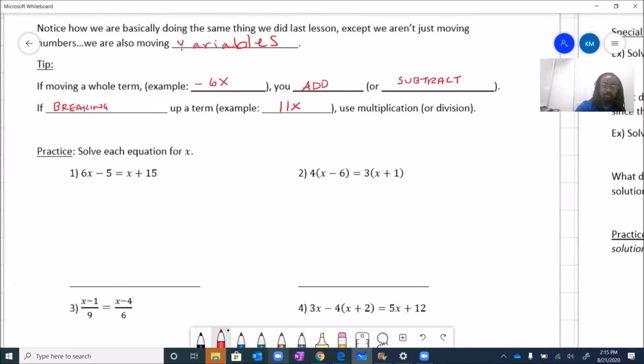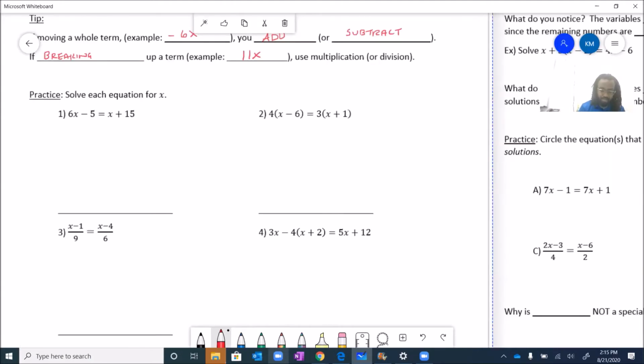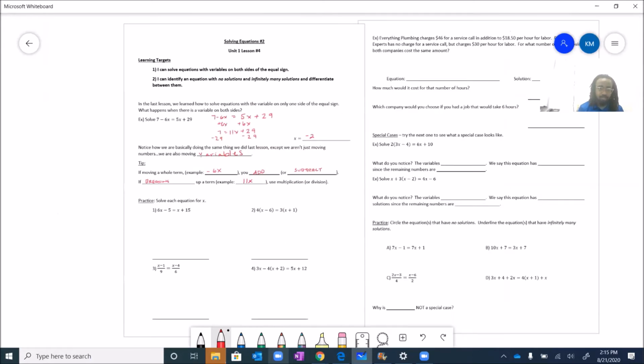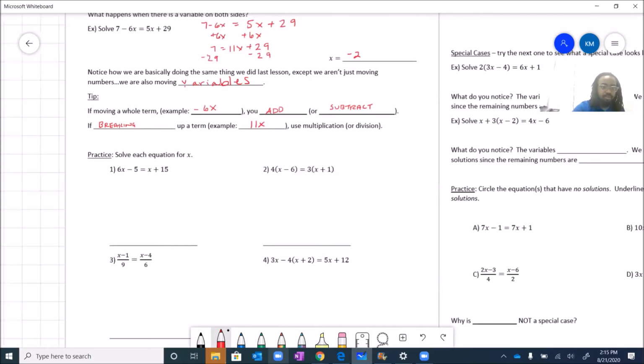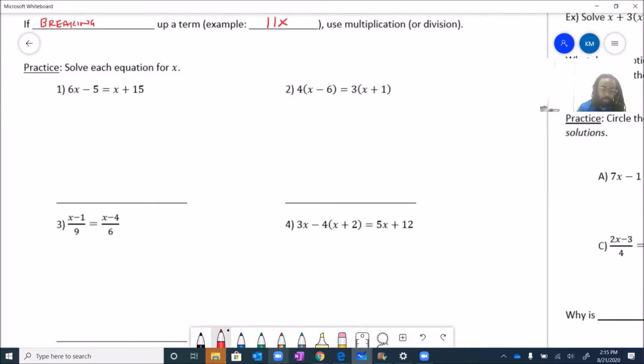All right. So let's go through some problems. Here we have 6x minus 5 equals x plus 15. As I start, I always want to make sure that I think about my variables first. How I'll think about my variables here is I want to make sure that I keep my x positive. So I want to subtract the x from both sides.